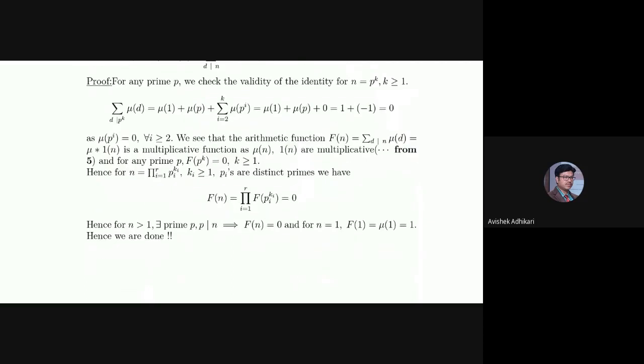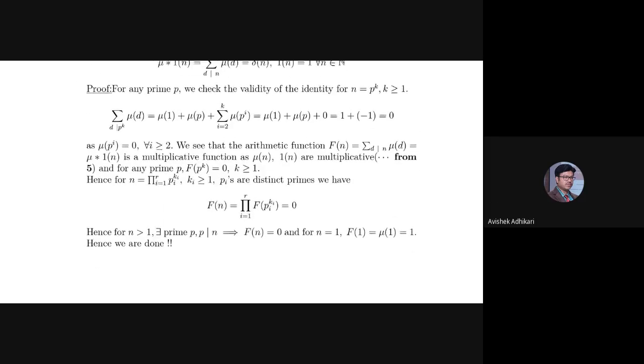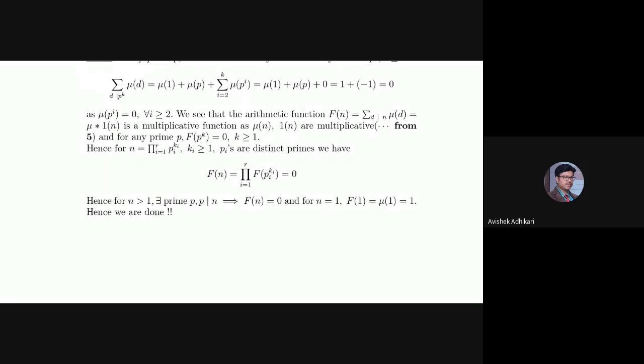Each prime power gives f(p_i power k_i) equal to 0, as we showed previously. So whenever a prime number divides n, we find that f(n) gives us 0.